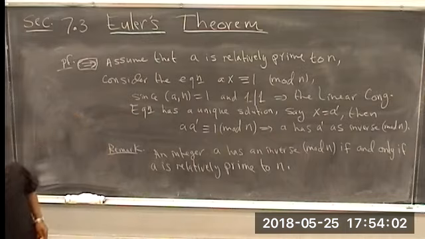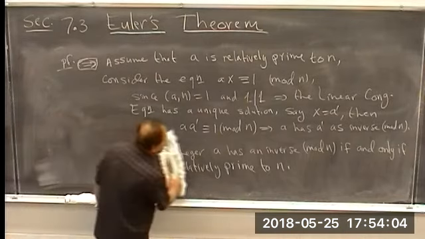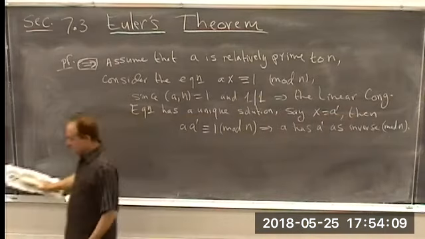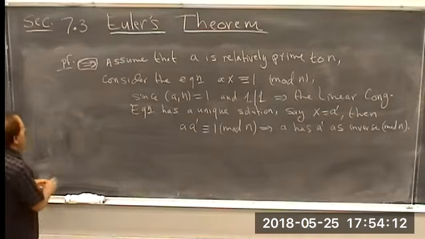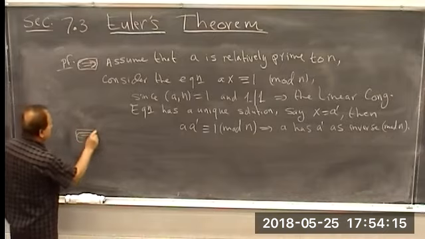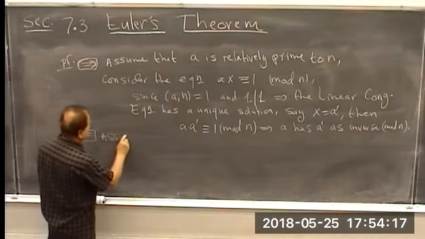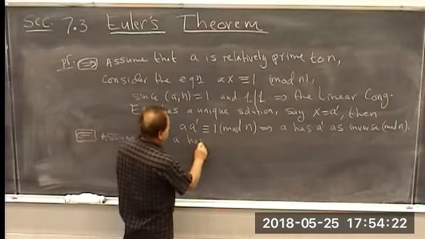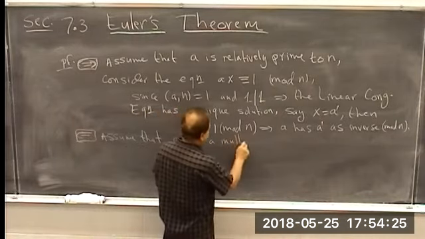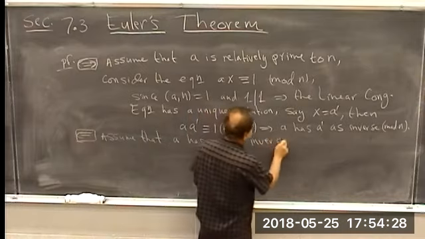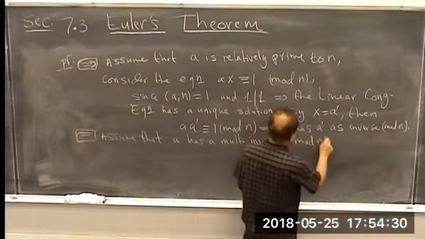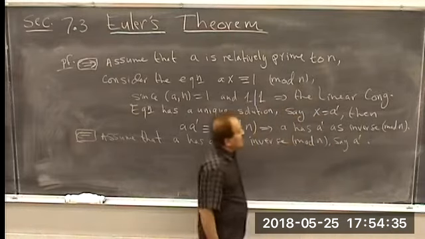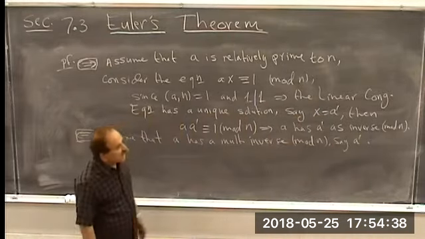The other way around is as simple as this. So let's assume that a has a multiplicative inverse mod n, let's say a prime. And the multiplicative inverse, by the way, is unique, of course.